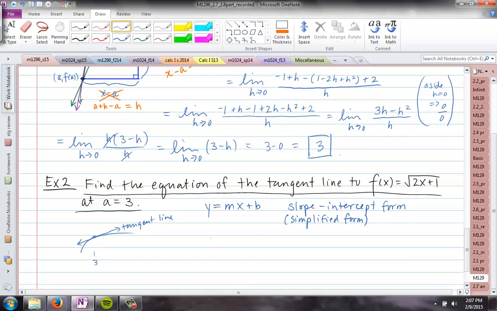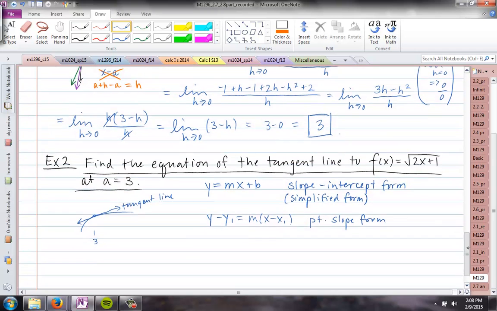So that's one version. You can get away with just that version, but often students know this other version, y minus y1 equals m times the quantity x minus x1, which is called point slope form. So you don't have to know that one, but often students use it as a tool in this problem.